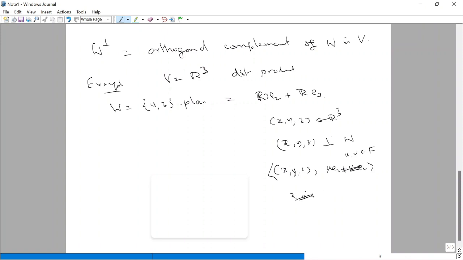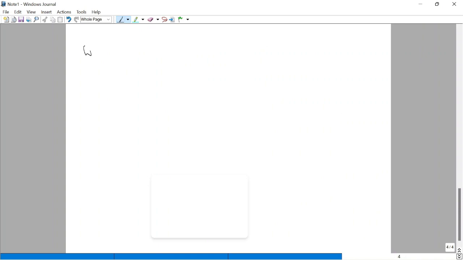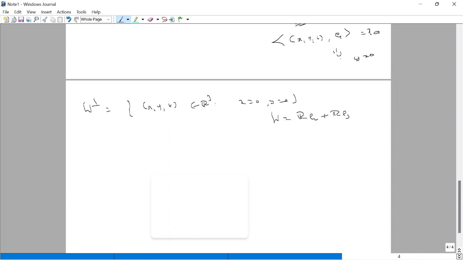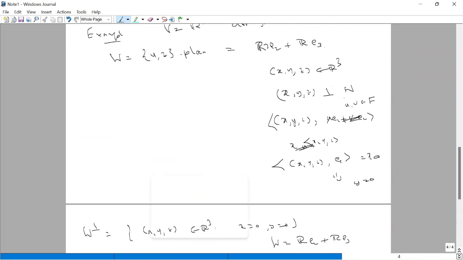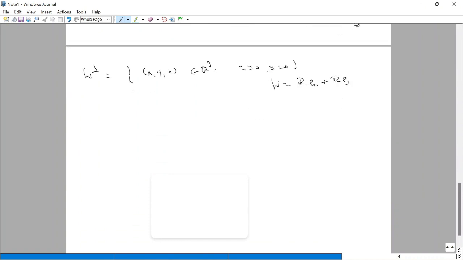My W is R of E2 plus R of E3. Therefore, when is X, Y, Z perpendicular to E2?